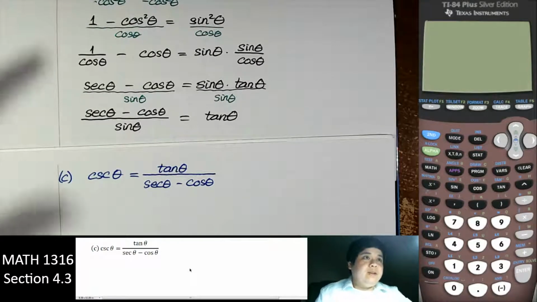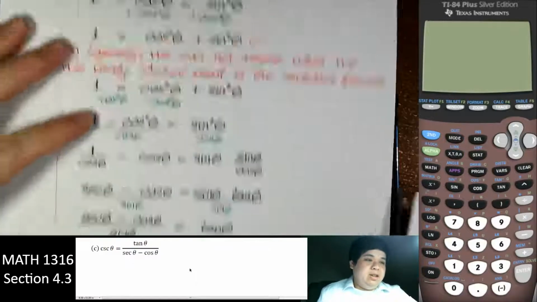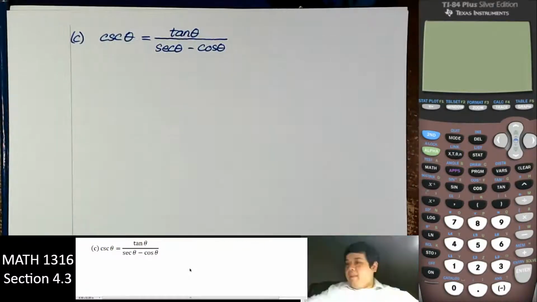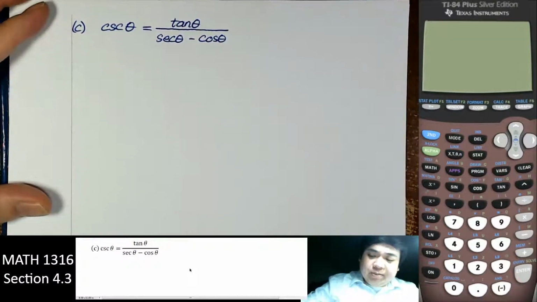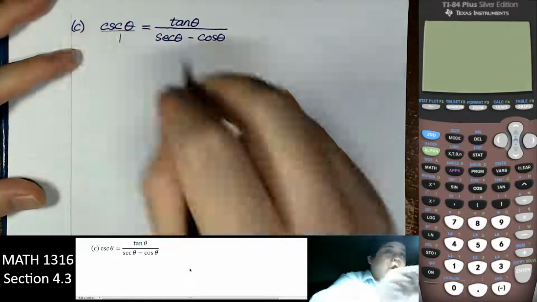Right? So just write that in reverse. That in reverse. Right, now, so like I said, if there's a fraction, try to eliminate it.